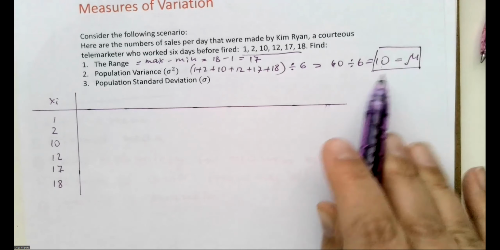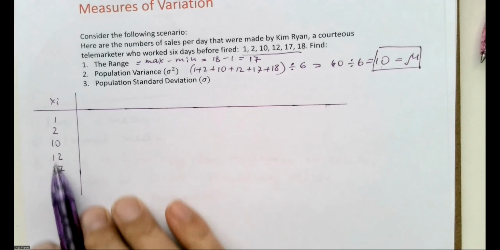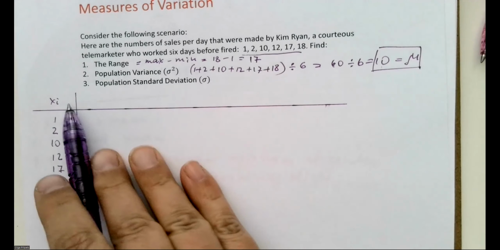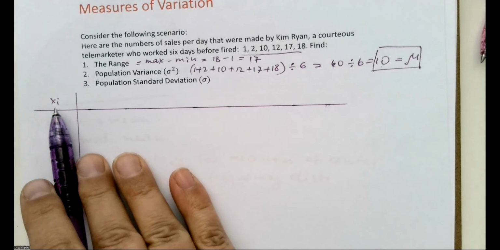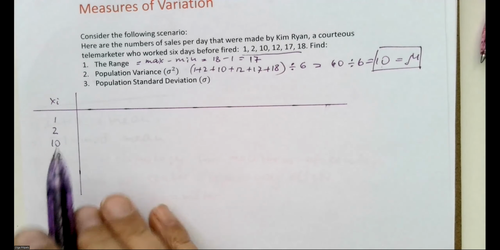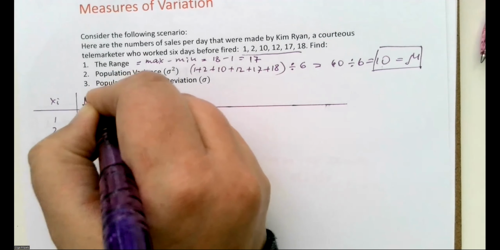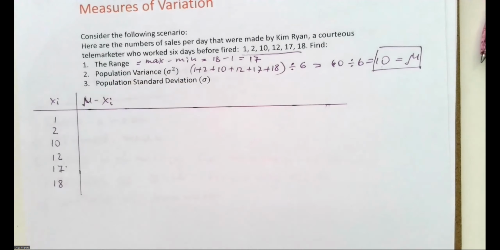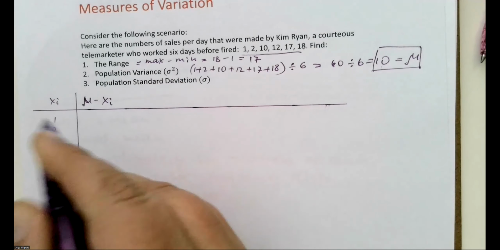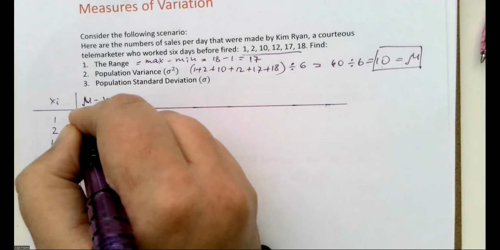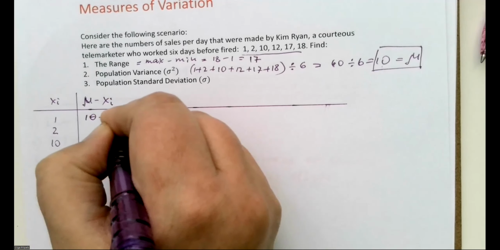Okay, then I'm going to list all of these X values in a column. And then I'm going to find the distance of each of these values from the mean. So for the first one, it's going to be 10 minus 1, that's a 9.